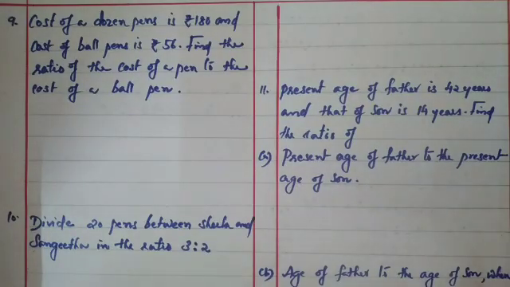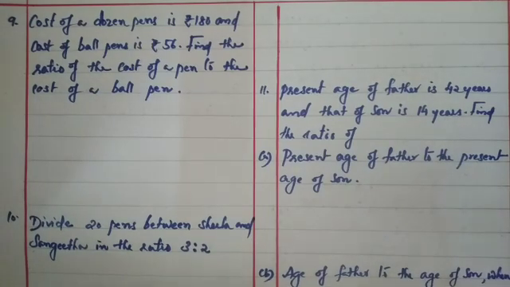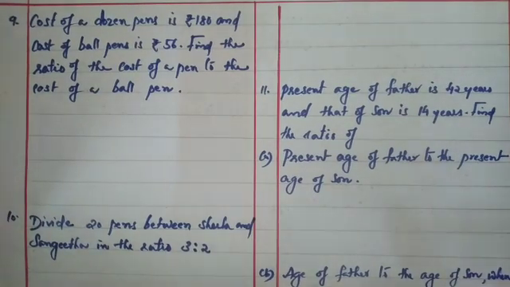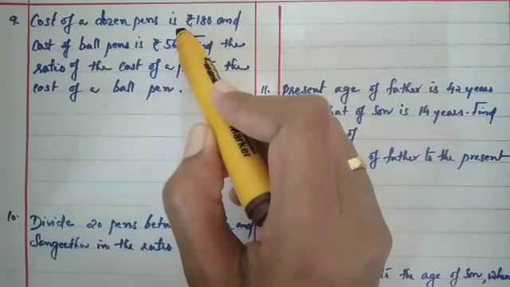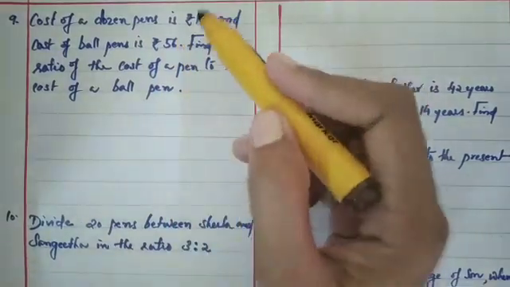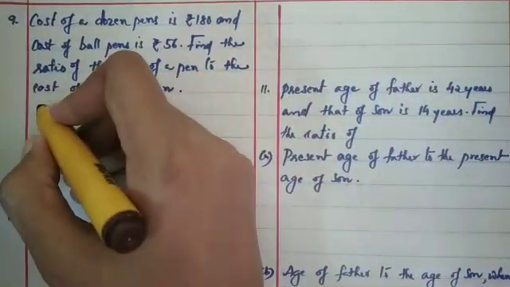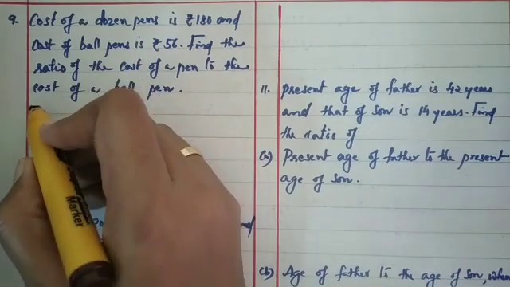Next question. Cost of a dozen pens is rupees 180 and cost of 8 ball pens is rupees 56. Find the ratio of the cost of a pen to the cost of a ball pen. Here I have to find out the ratio between the cost of a pen and a ball pen. Cost of a dozen pens is rupees 180. First you find out the cost of one pen.